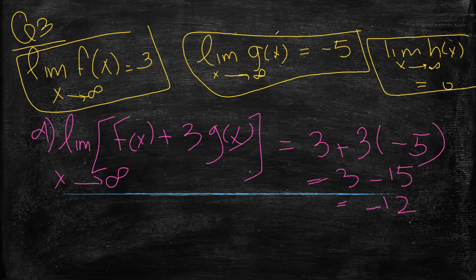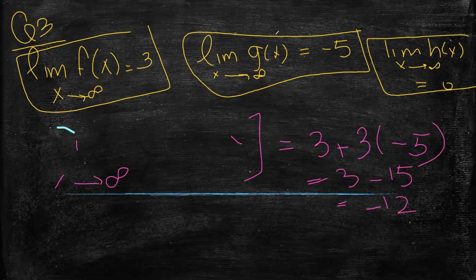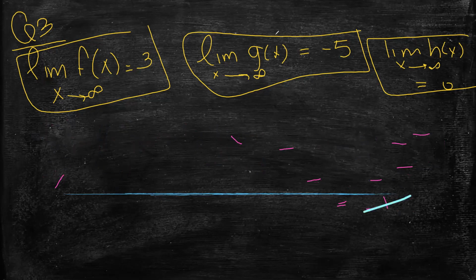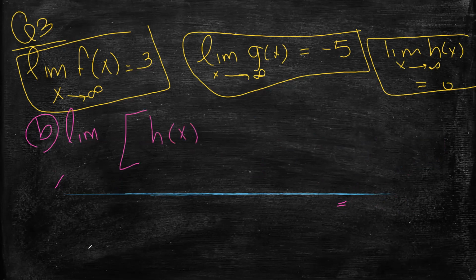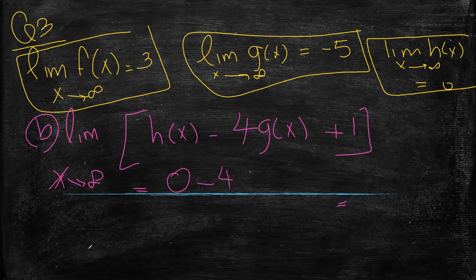Now, Rana. I want you now in B to find limit h of x minus 4g of x plus 1 when x approaches infinity. 0 minus 4 times negative 5 plus 1.